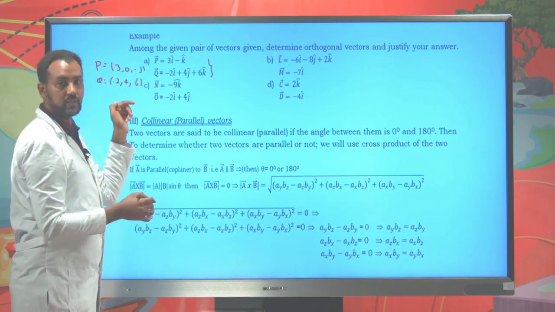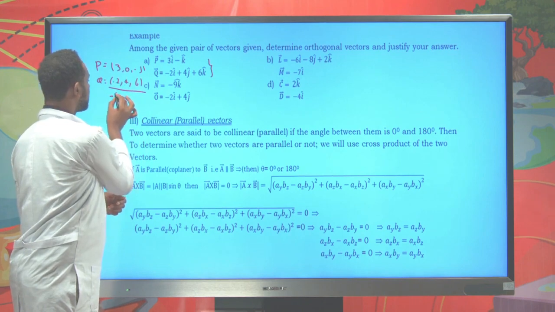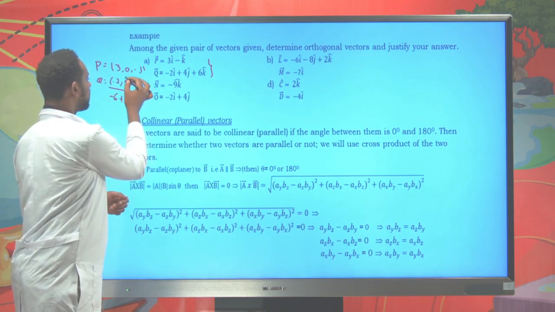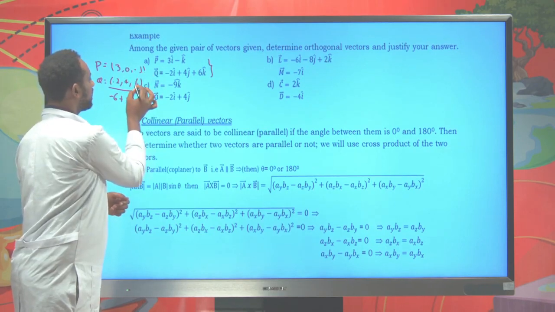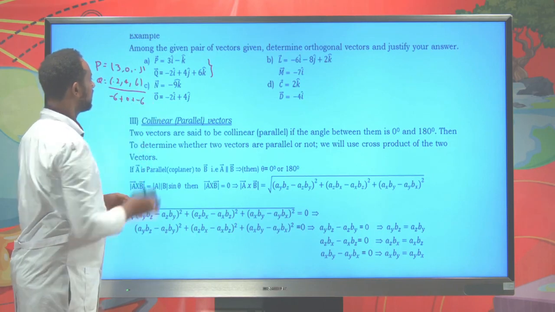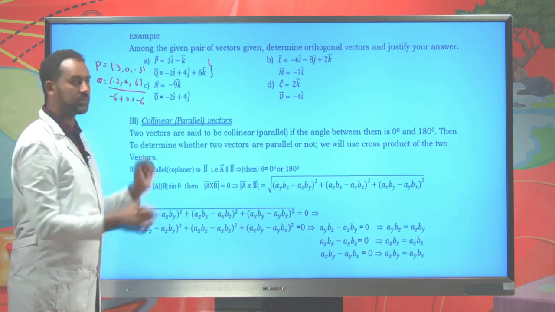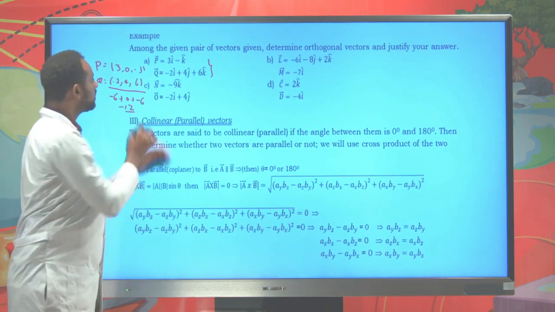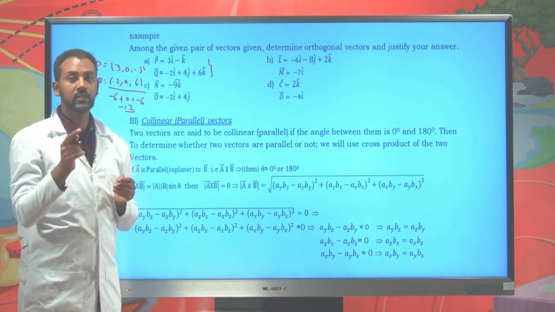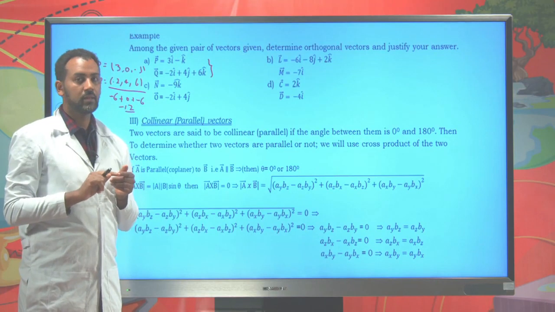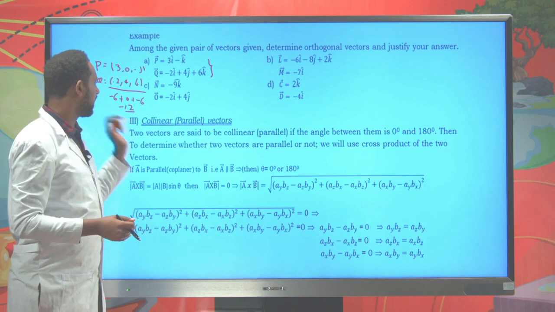Therefore, you have to multiply each respective component. 3 times -2 gives us -6, plus 0 times 4 is 0, plus here you have -1 times 6, which gives us -6. Therefore, -6 plus 0 plus -6 gives us -12. Therefore, these two vectors are not orthogonal, because whenever you find the dot product of two vectors, it should give us 0. If it is 0, you can say that they are orthogonal. But here it gives us -12.